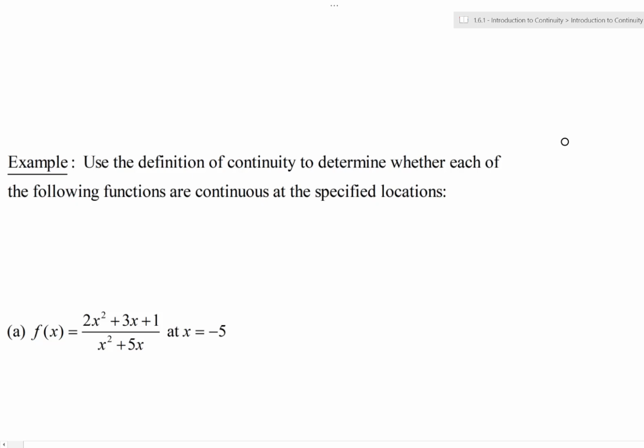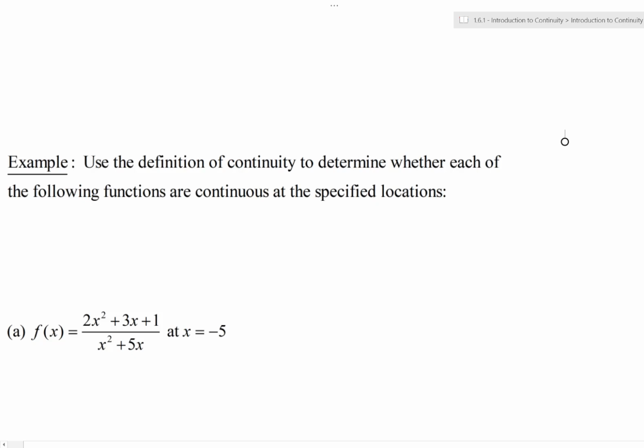What we're doing in this example is, we don't have the graph given. We just have this function and a specific location. Does it meet the criteria to be continuous at the specified location? In this case, f of x at x equals -5.